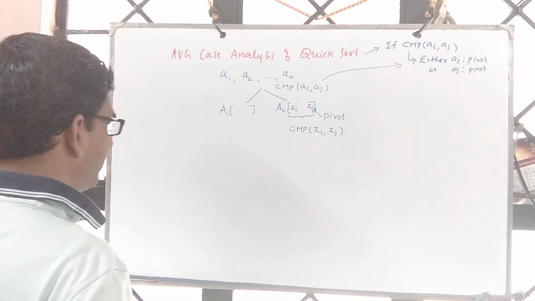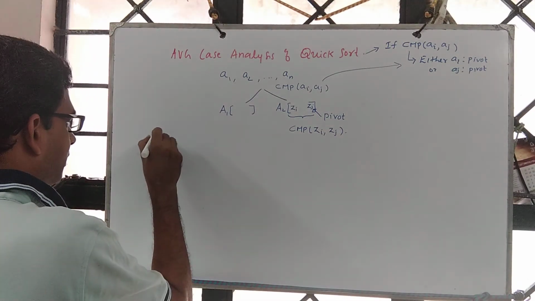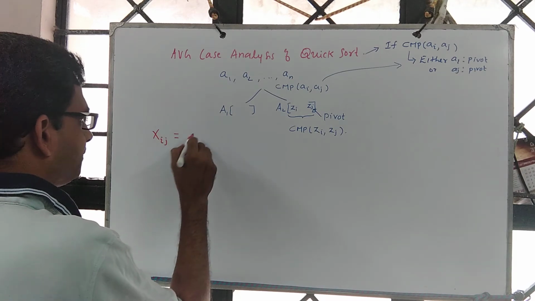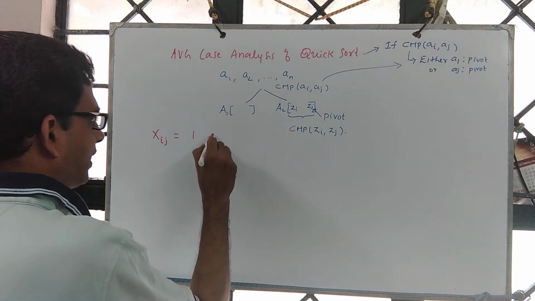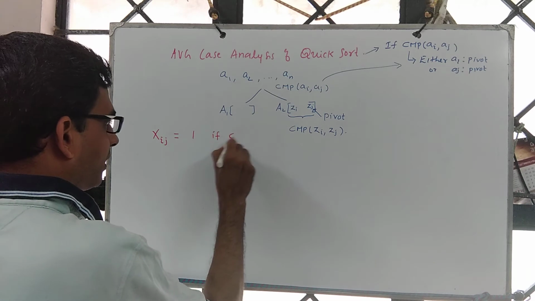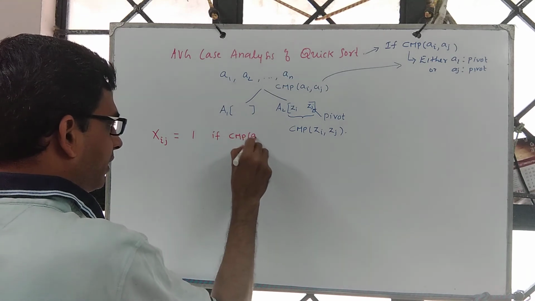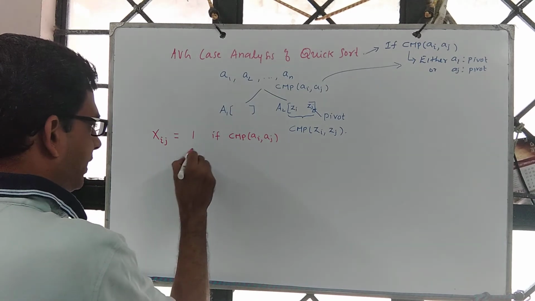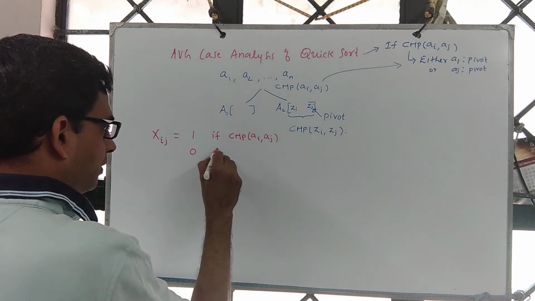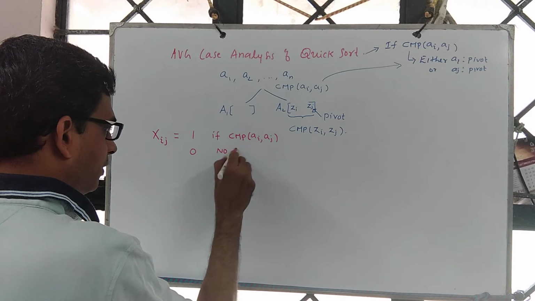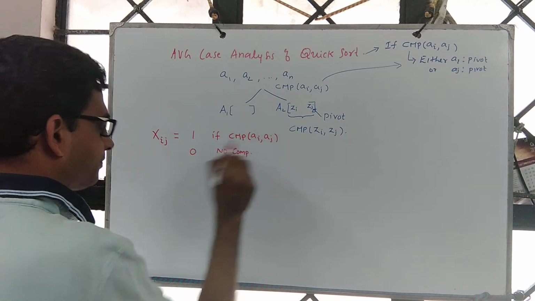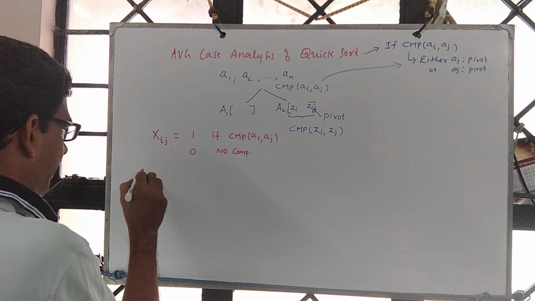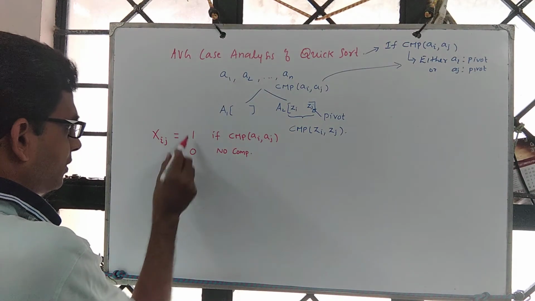Okay. Now let's get into the analysis. We define an indicator random variable Xij taking the value 1 if there is a comparison between Ai and Aj. It takes the value 0 otherwise, which means no comparison. Now, it takes two values.